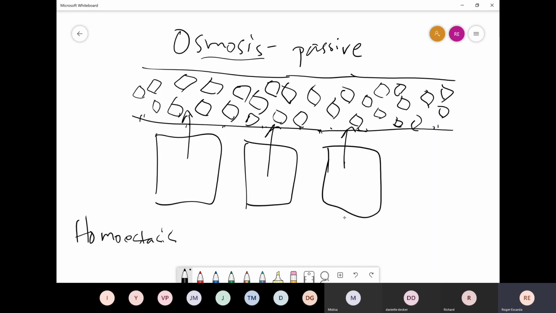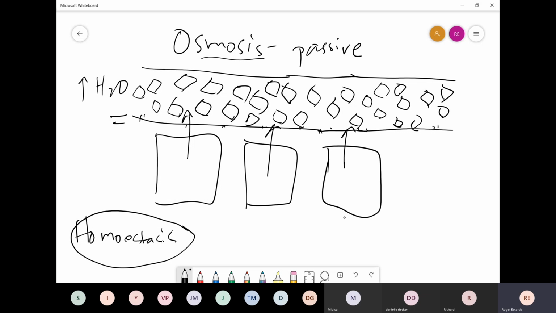By pulling water from the cells into the capillaries, now you've equalized the concentration. The only way you can equalize it is by adding more water in your plasma.